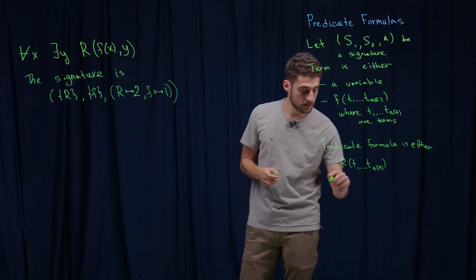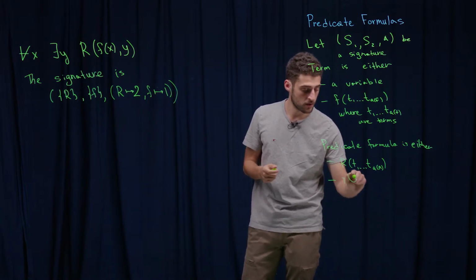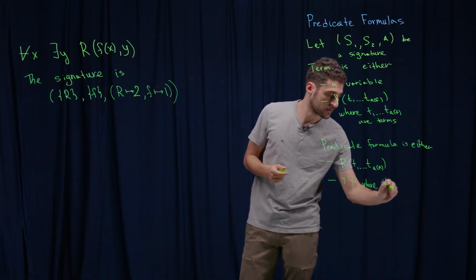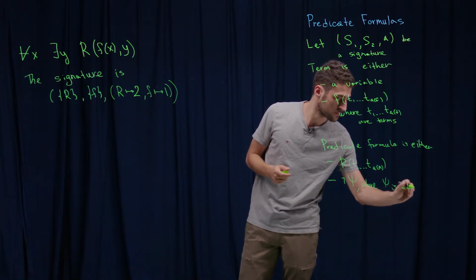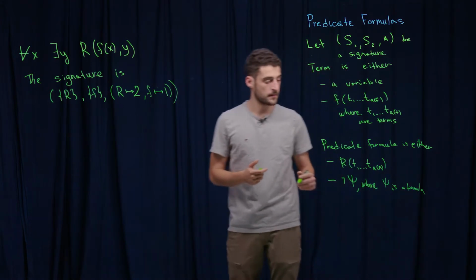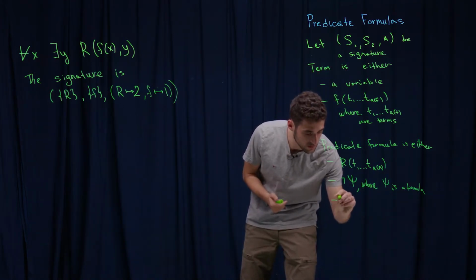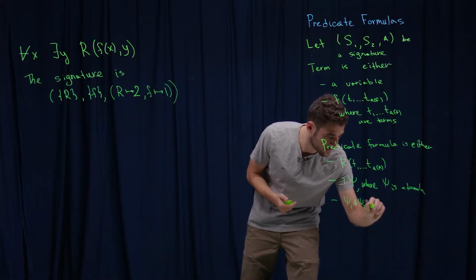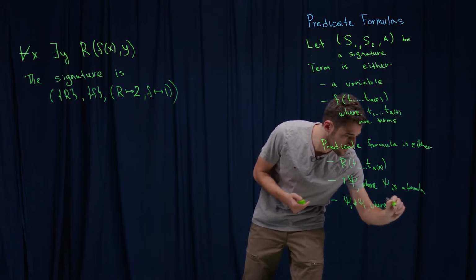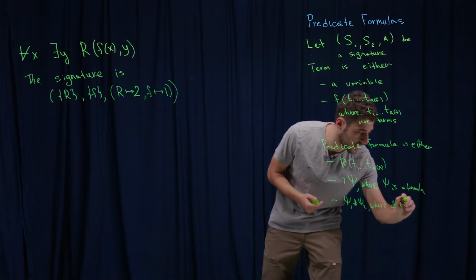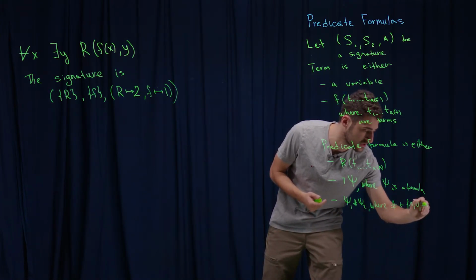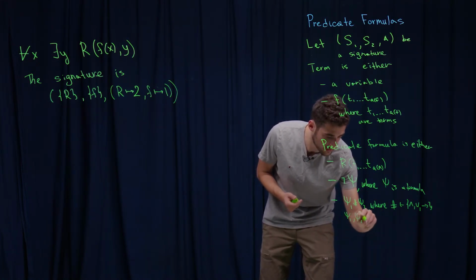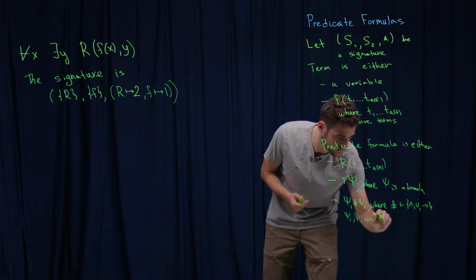Or it can be negation of psi, where psi is a formula. It can also be psi1 sharp psi2, where sharp is and, or, or implication, and psi1, psi2 are formulas.